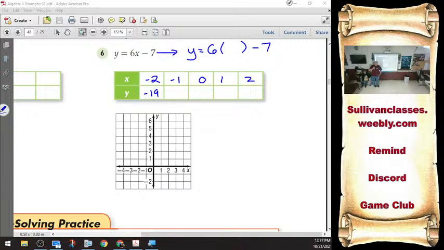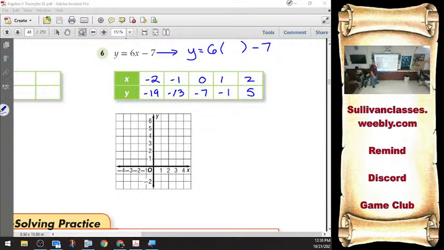My job is to make sure that you can graph the line. I don't care if you can do basic arithmetic. That's not my job anymore. My job is to give you the tools to do the thing we're supposed to do. And then you get negative 19, negative 13, negative 7, negative 1, and 5.